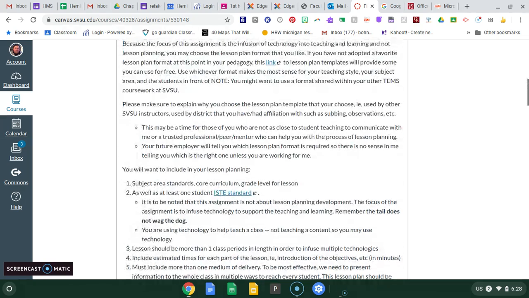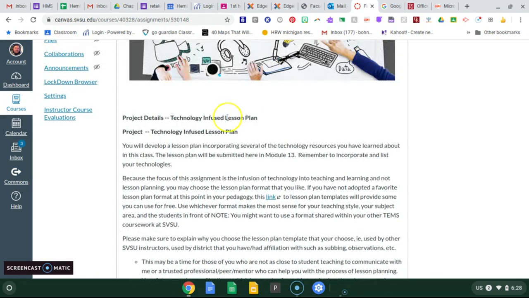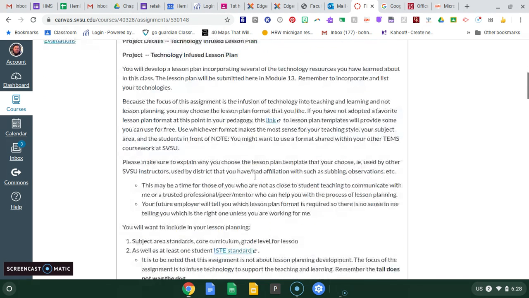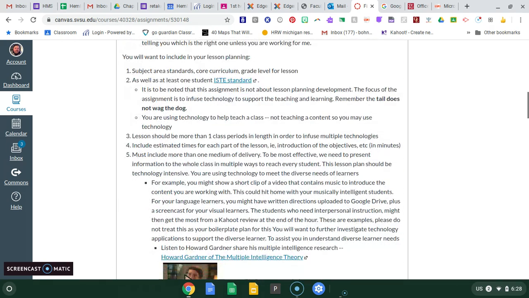So again, just saying that it's a technology infused lesson plan because you put something under a document camera, that doesn't really make it technology infused. So do what you can to try to get the technology in there that's going to be useful.